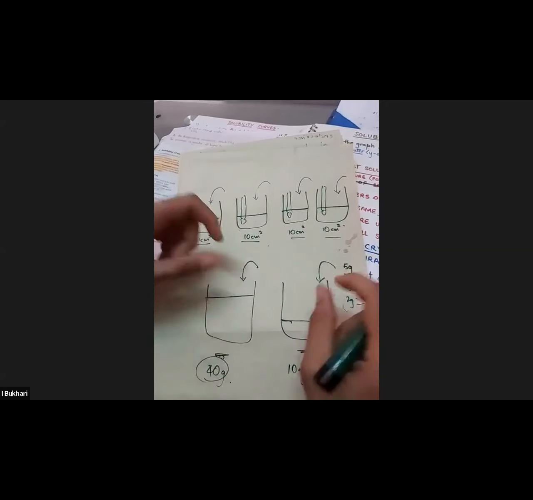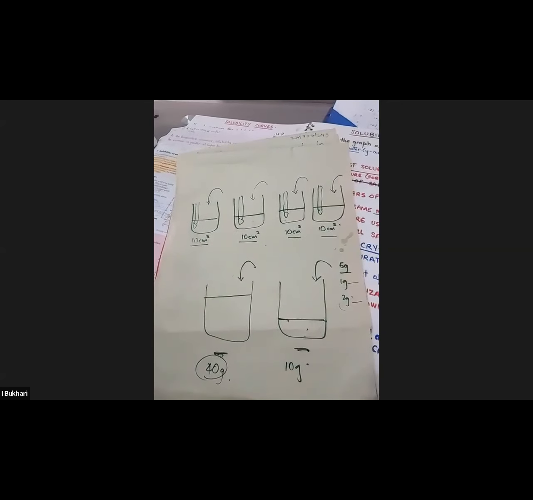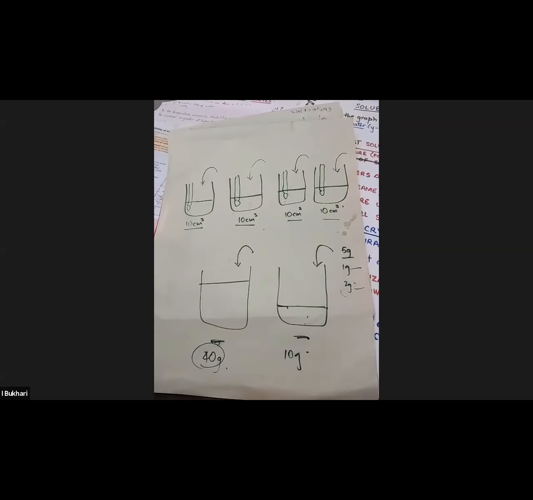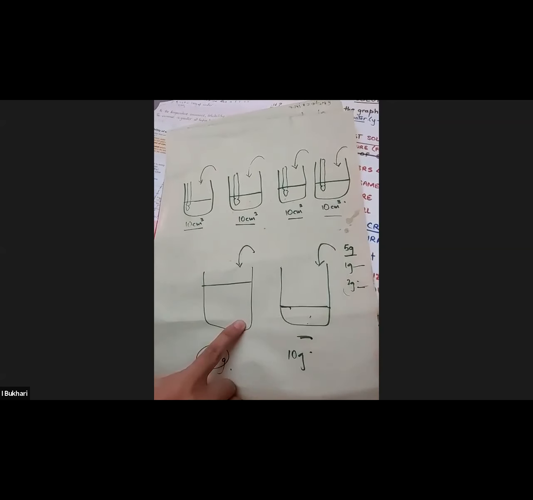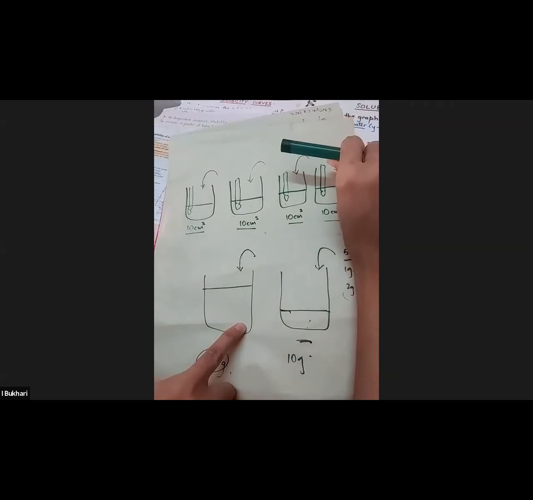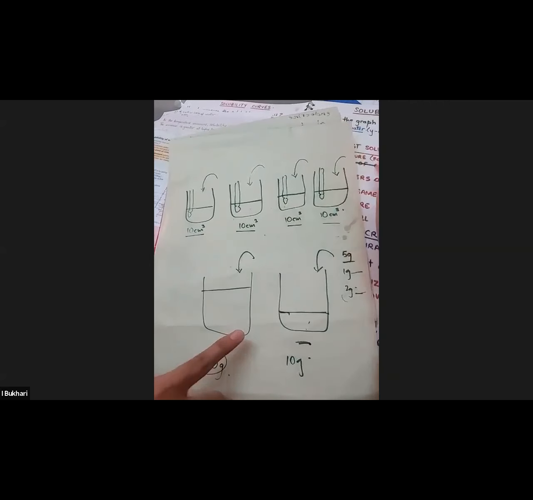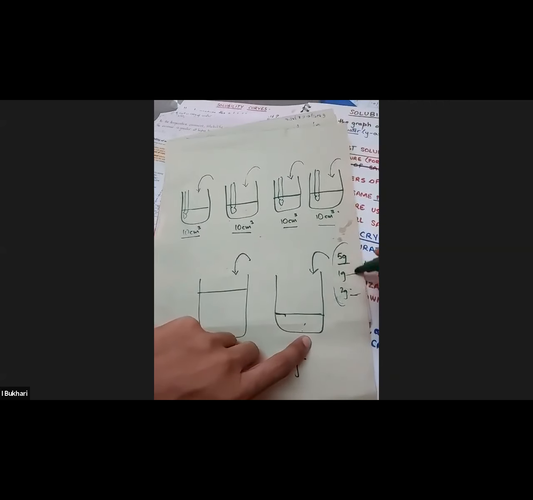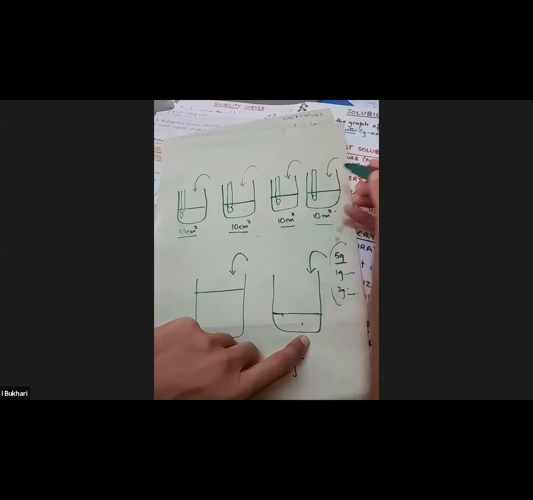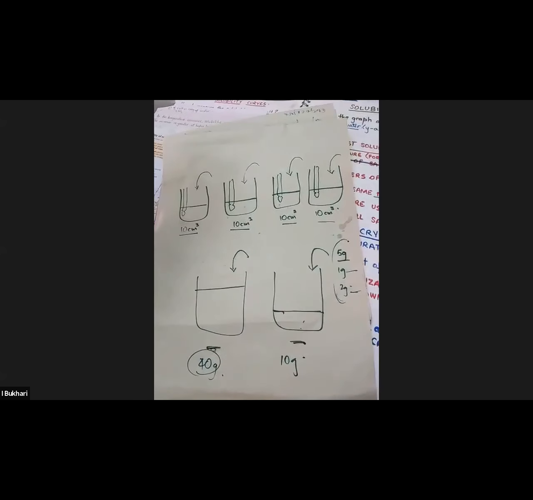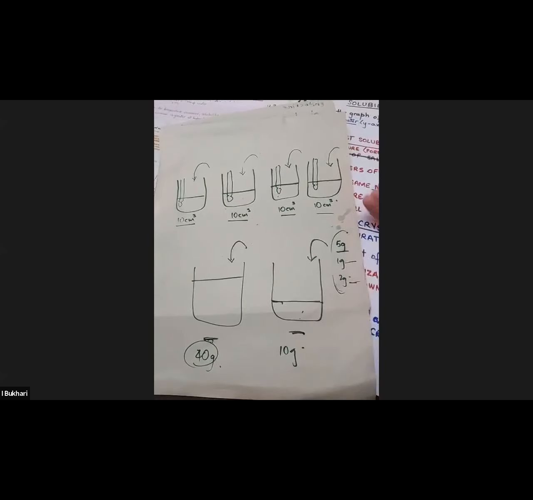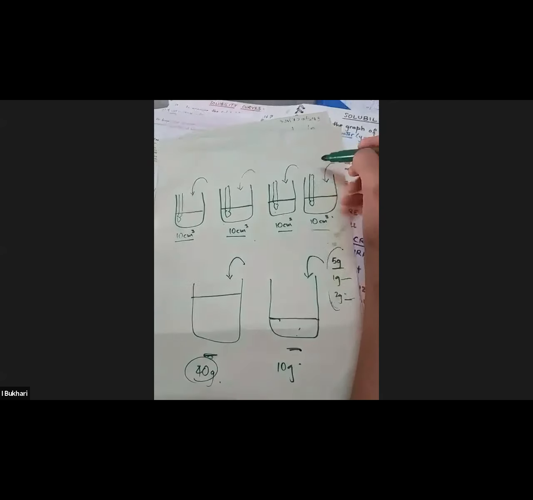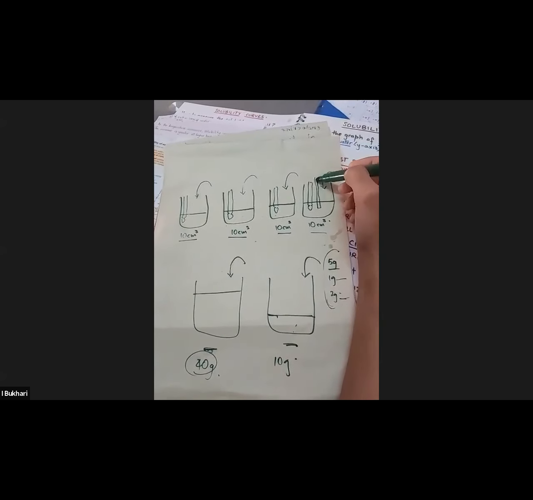You will weigh the salt first, make sure it is 1 gram, make sure it is 2 grams, and then you add. You have to weigh the salt before adding, because once you have added, you cannot weigh it. So weigh it, then add, and keep adding, and keep stirring with the help of a glass rod.